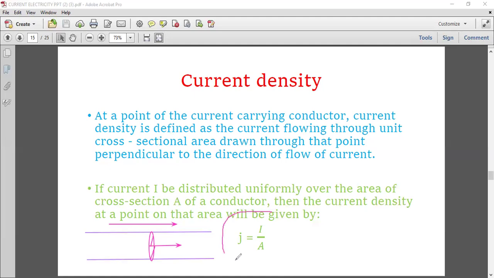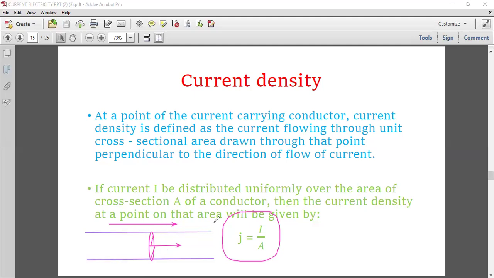It will be I upon A. There is one assumption here: that this current is uniformly distributed over the area. मतलब क्या है? हर एक पॉइंट से सेम अमाउंट ऑफ चार्ज पास हो रहा है. ऐसा नहीं है कि ऊपर वाले सरफेस से अधिक चार्ज पास हो रहा है और थ्रू द इंटीरियर लेस चार्ज पास. Here we have assumed that current is uniformly distributed over the area.